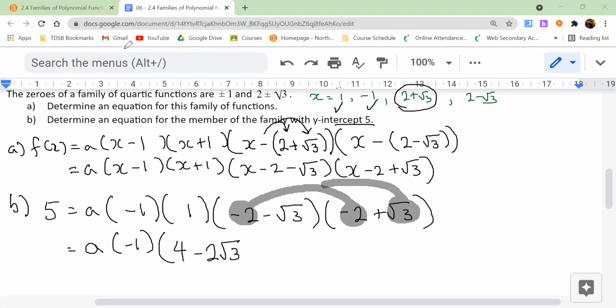And then second part, negative root 3 multiplied by negative 2, and then negative root 3 multiplied by positive root 3. So this is the blue part. That's a positive 2 root 3. I need to erase this, don't I? And then root 3 times root 3, root 9, or it's a 3, so it's a negative 3.